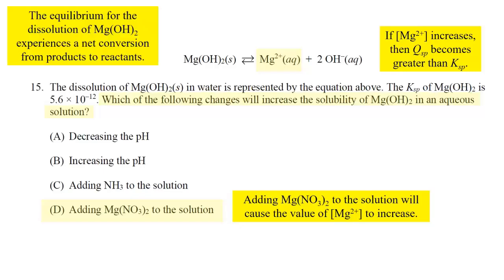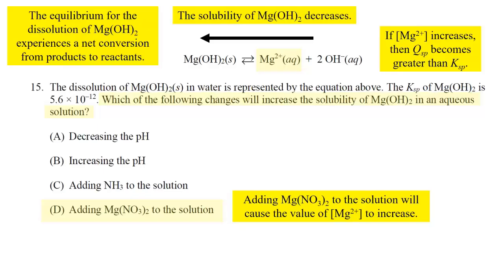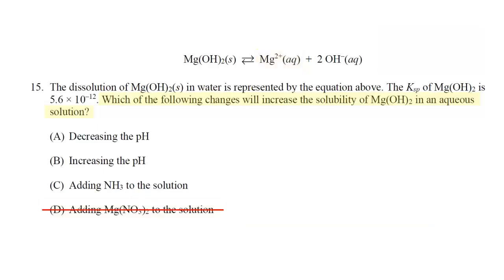And if that happens, then the equilibrium for the dissolution of magnesium hydroxide would experience a net conversion from right to left, from products to reactants, but that would result in the solubility of magnesium hydroxide decreasing, not increasing. It would shift the equilibrium toward the formation of the solid, making it less soluble. So the correct answer is not choice D.